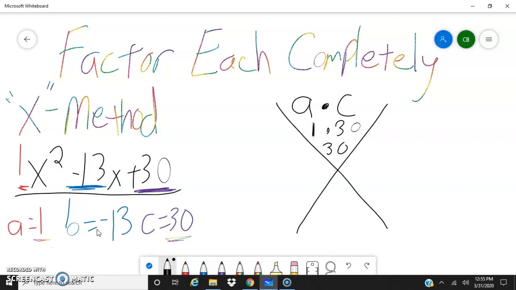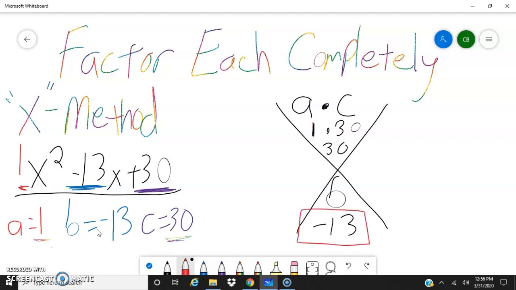Now on the bottom part, you're going to be looking for b. B we said was negative 13. Whatever you found up here in your a times c part, our answer there was 30, we're going to look at that number 30 and identify factors of 30 that have a sum of b, negative 13.